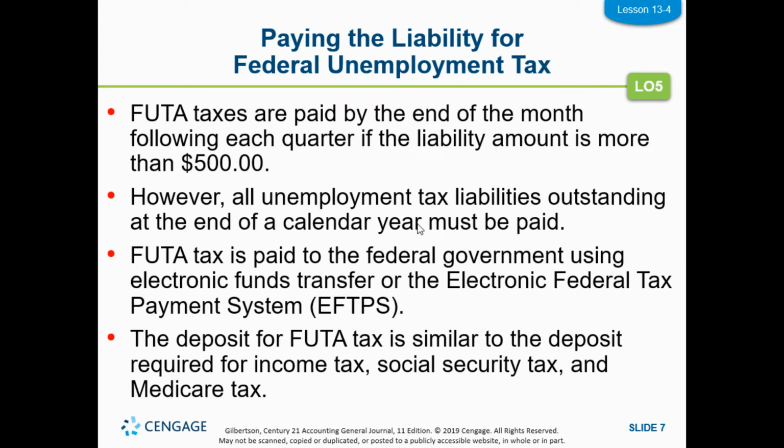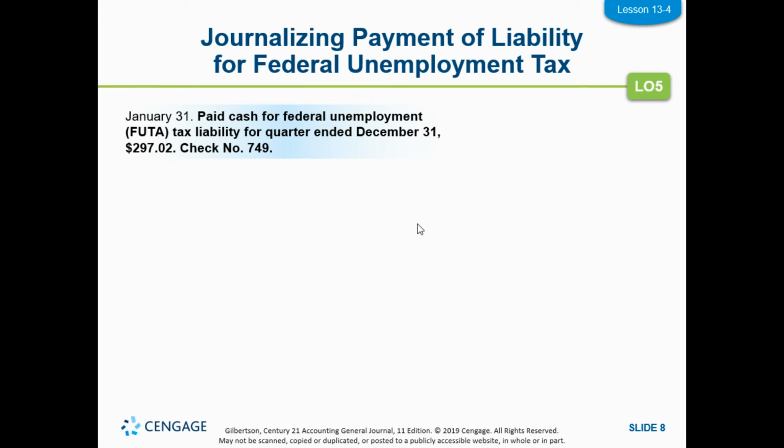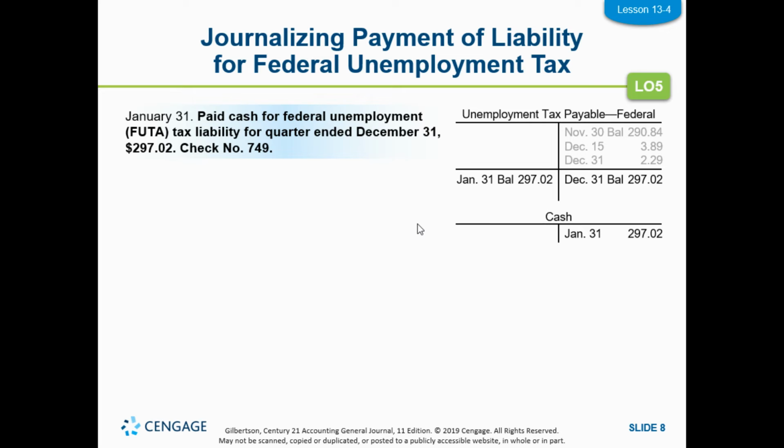And that's, again, just simply wiping out the liability. So here we had a liability on December 31 of $297.02, check number 749, which again, I disagree with because that would be a direct withdrawal from our account. Okay? We're debiting our liability. We have this buildup of federal unemployment tax.